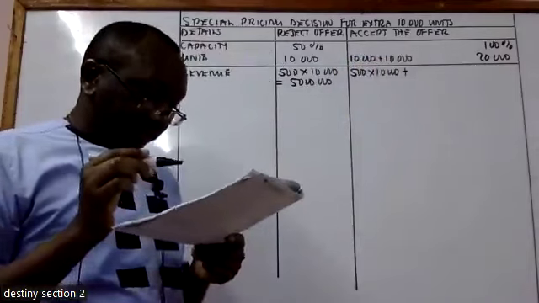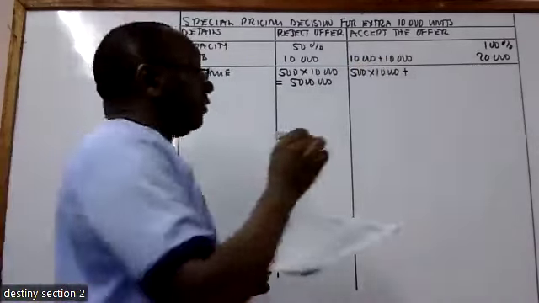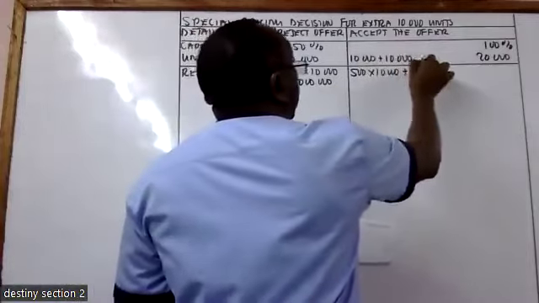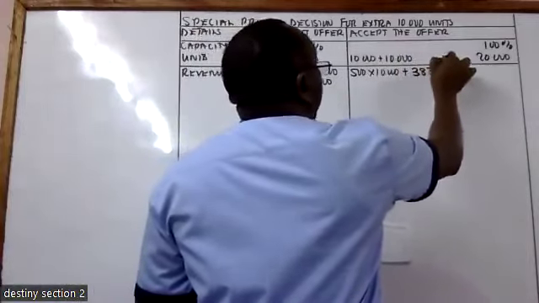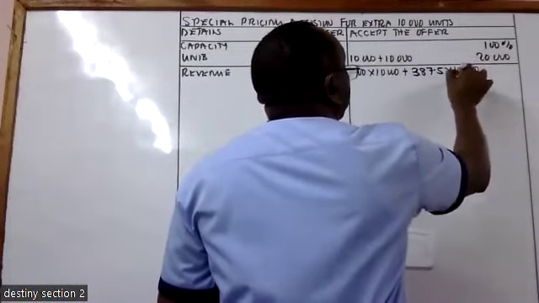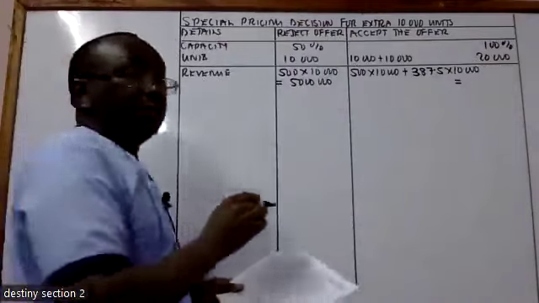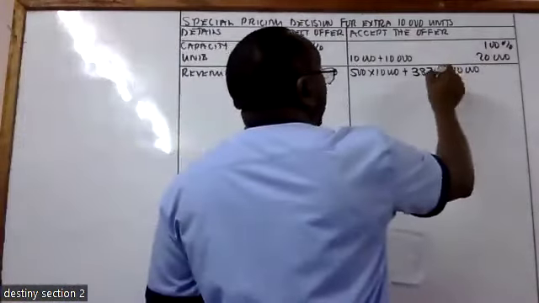They are coming in at a selling price of 387.5. 387.5 times 10,000. So tell me, hizo nazo zitatuletea revenue ya pesa ngapi?